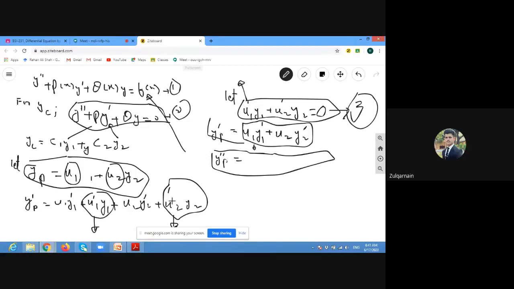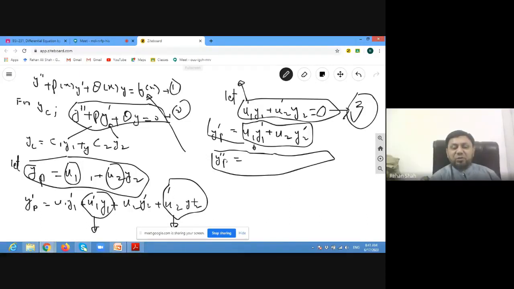Under this assumption, we find the new yp, then differentiate the new yp and put the values in equation 1, and we derive a second equation. So the assumption and the second equation derived from the non-homogeneous equation are connected with each other, because the next equation derived from equation 1 depends on the previous equation.